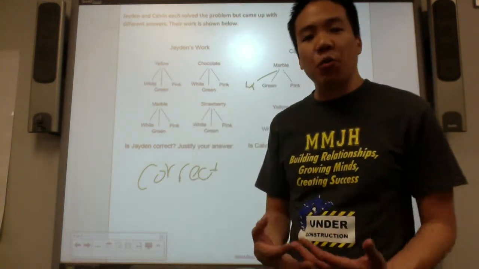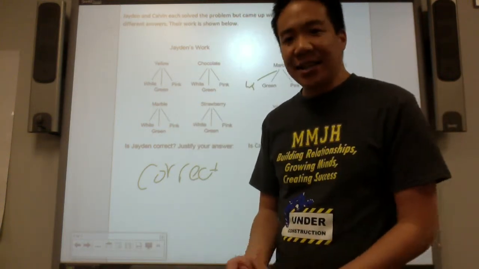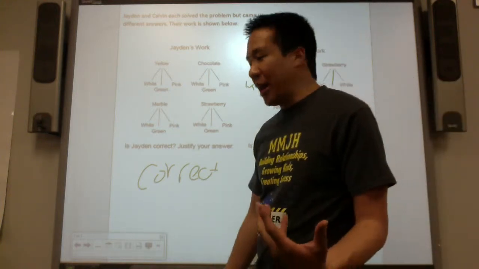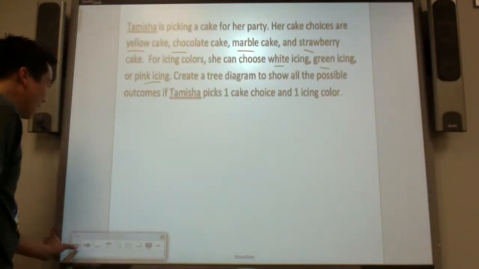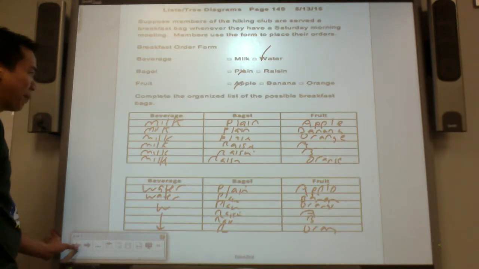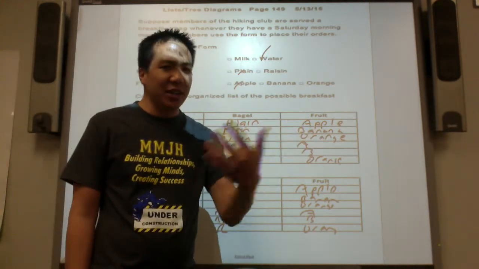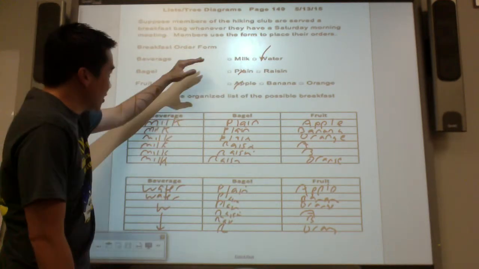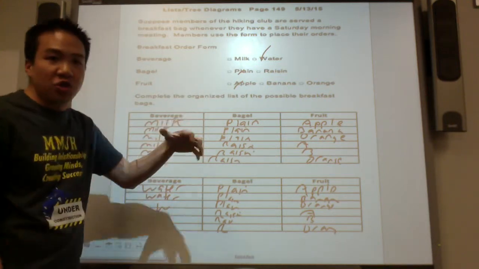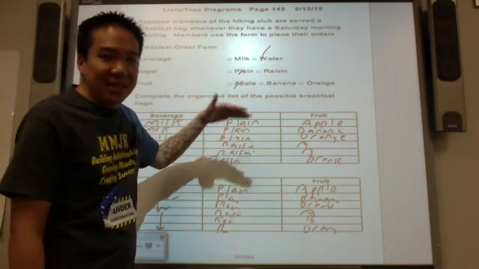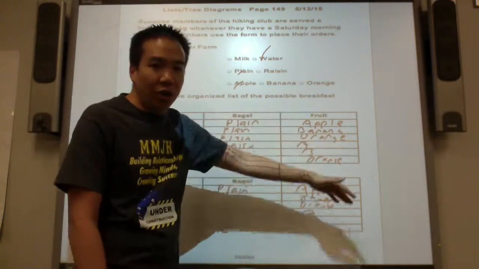So what we just covered was tree diagrams and organized lists. When you make an organized list, do not haphazardly come up with random stuff. Try to make it organized. Try to get all the beverages or the first choice done, then you pick from the second level, then you pick from the third level.